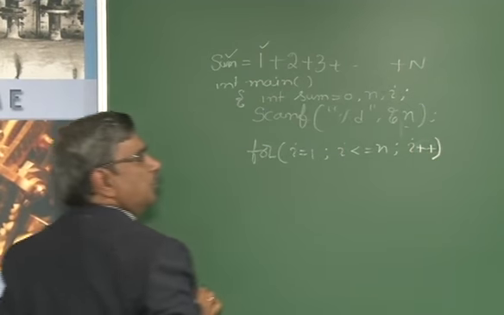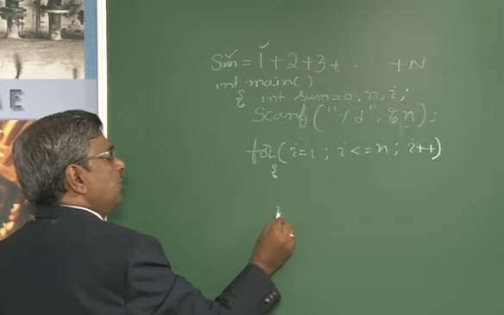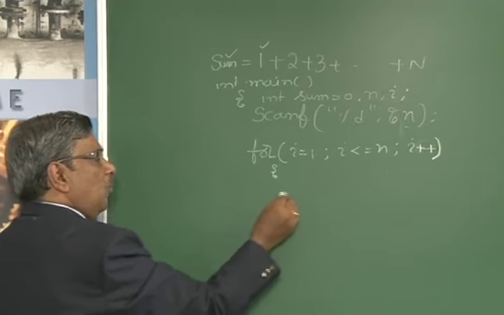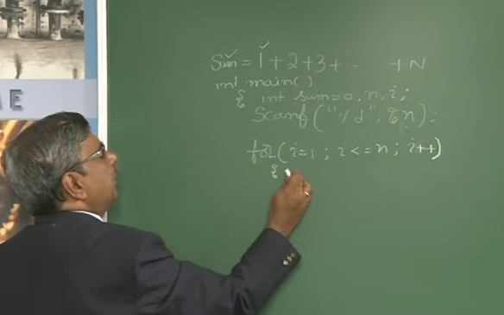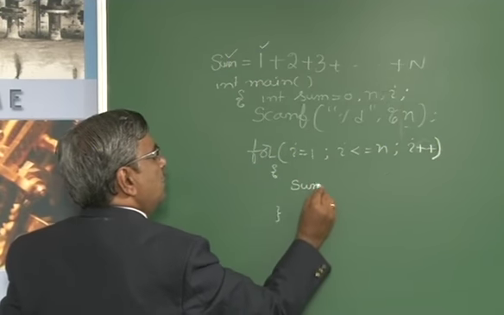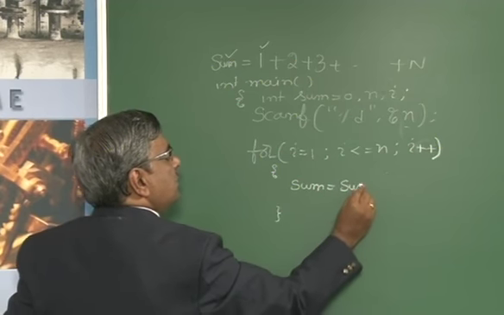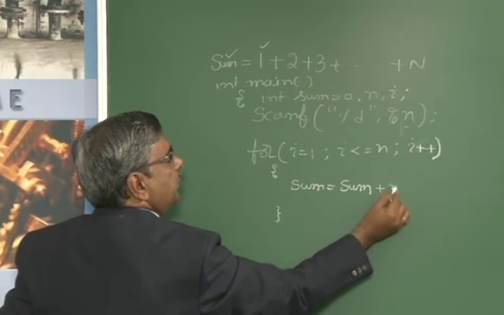Put a close bracket. Inside the loop you have only one statement, so there is no necessity of begin and end. If you have more than one statement, use begin and end to get them executed inside your for loop. So here the new value of sum equals whatever the value of sum is, initially 0, add I to it.